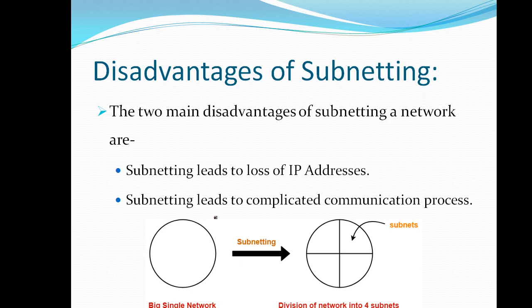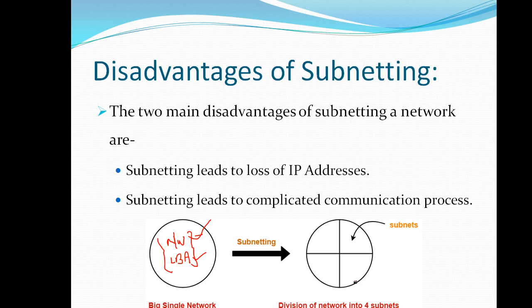Coming to the disadvantages. For a big network, we require one network ID and one limited broadcast address. These are two IP addresses that we reserve. All zeros in the host ID part give the network ID, and all ones in the host ID part give the limited broadcast address of a particular network.